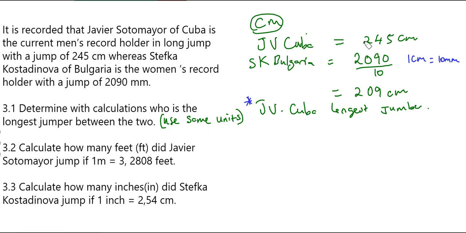We have Javier's jump measured in centimeters. But here we're given a conversion from meters. So what must we do? We must convert this to meters. So we've got 245 divided by 100.